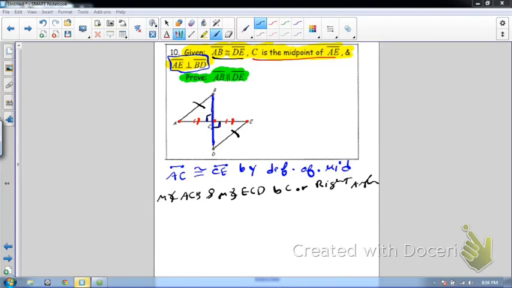And then in addition, we can say because of the definition of perpendicular lines, right? Perpendicular lines. So we can say all this because it's true. I can create 90 degrees.